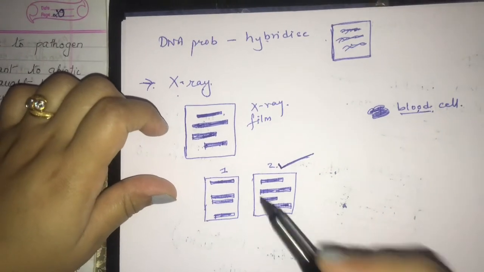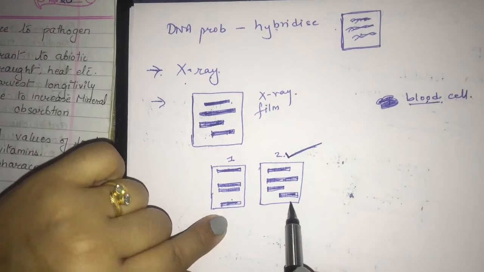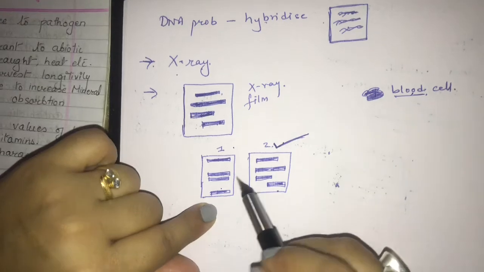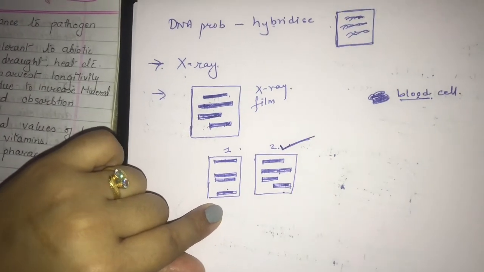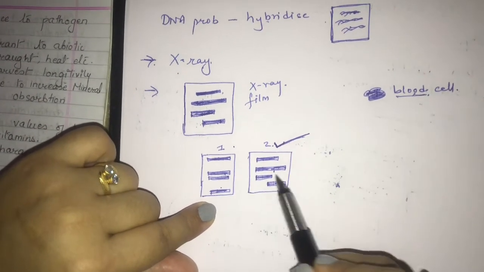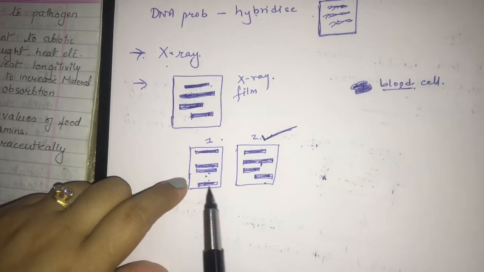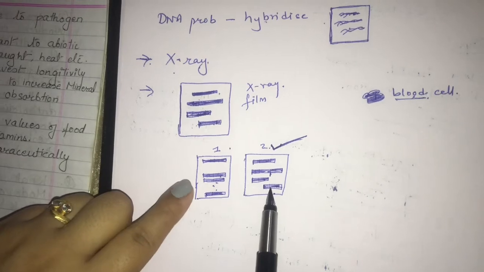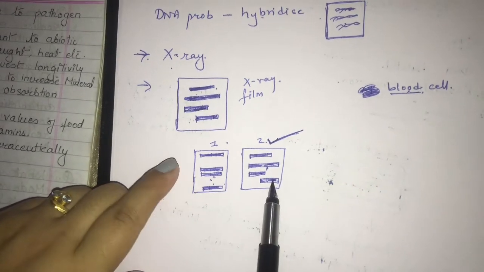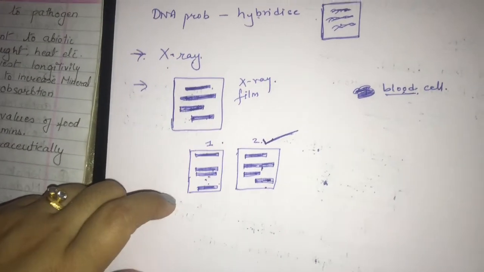And if the police is suspecting 2 persons, then from these 2 persons any cell, saliva cell, blood cell, is taken out, and then again DNA fingerprinting is done with that DNA.